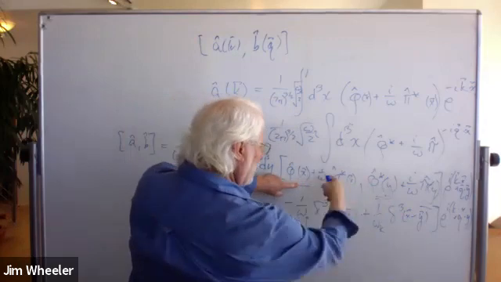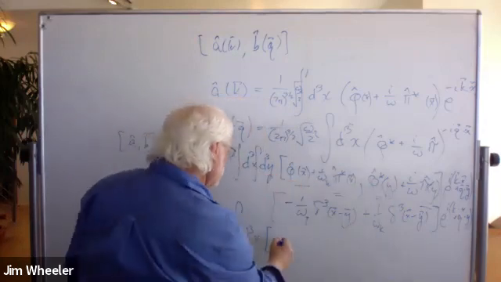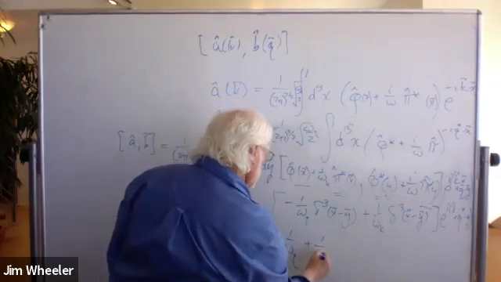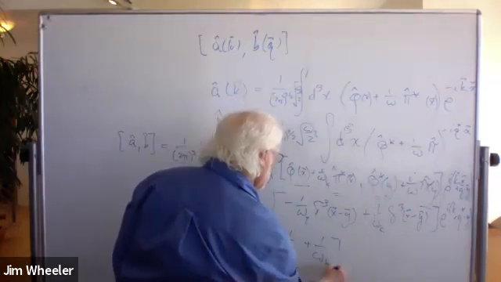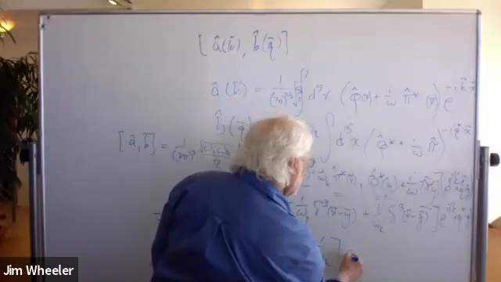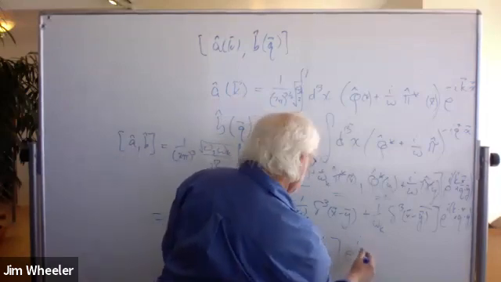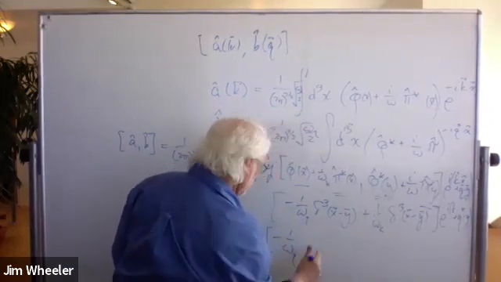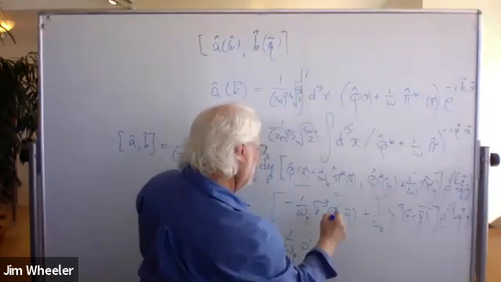And all of the fields are gone, right? So I just have minus 1 over omega q plus 1 over omega k, e to the i, whoops, careful. Okay, e to the i.